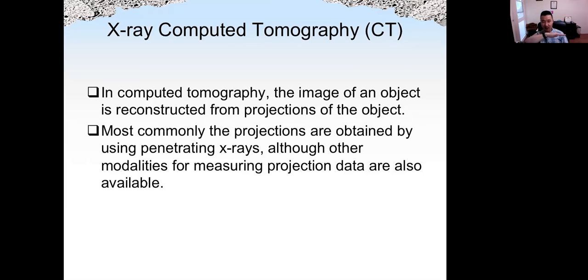We can take 2D slices or even 3D slices. The image will be reconstructed from slices of X-ray. X-ray is the most commonly used radiation. Sometimes gamma ray can also be used.